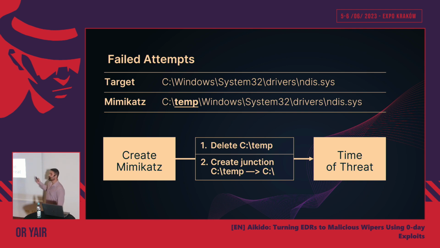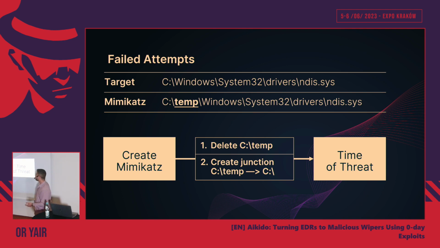But that actually did not work, and I saw two main behaviors. The first one was that some EDRs had a very good grip on the file right after I created it, so I was not even able to delete the file, and so I was not able to convert the temp directory to be a junction.